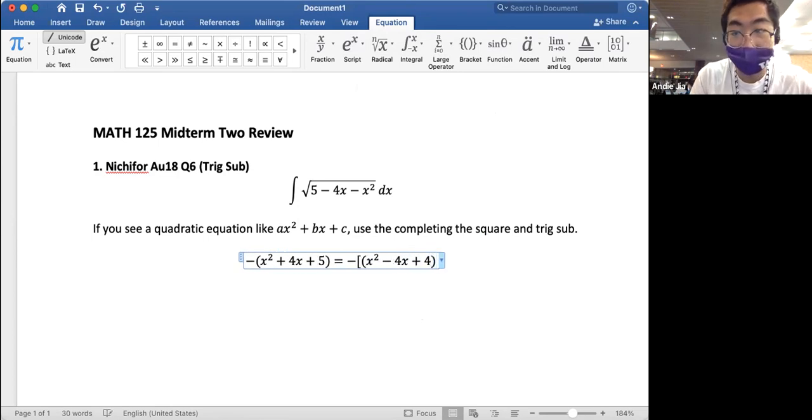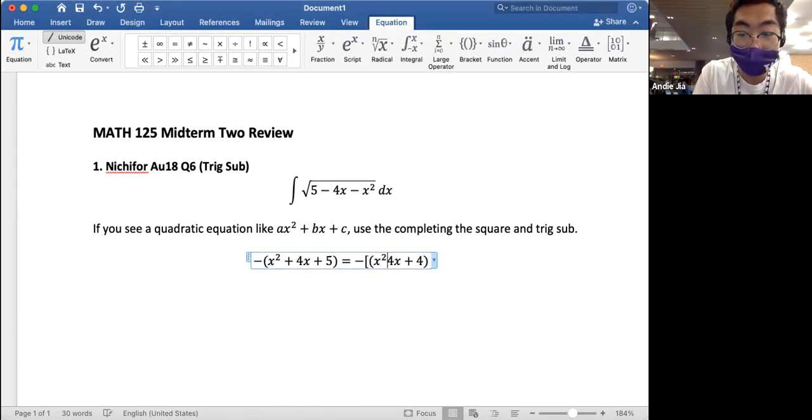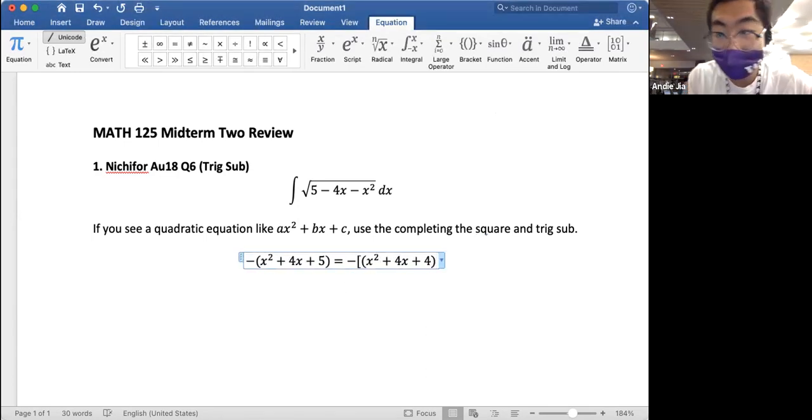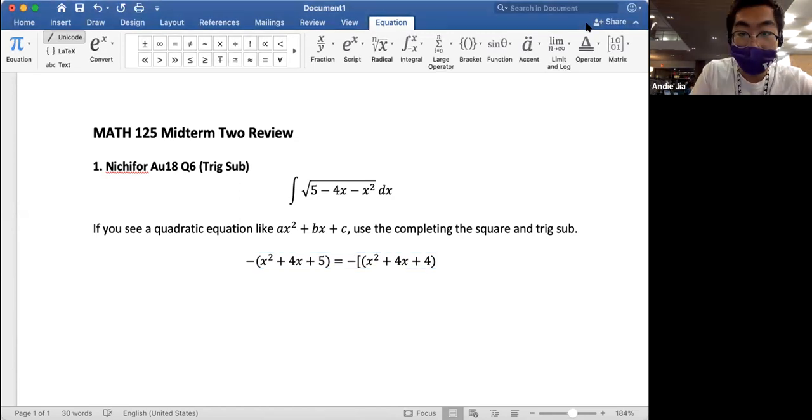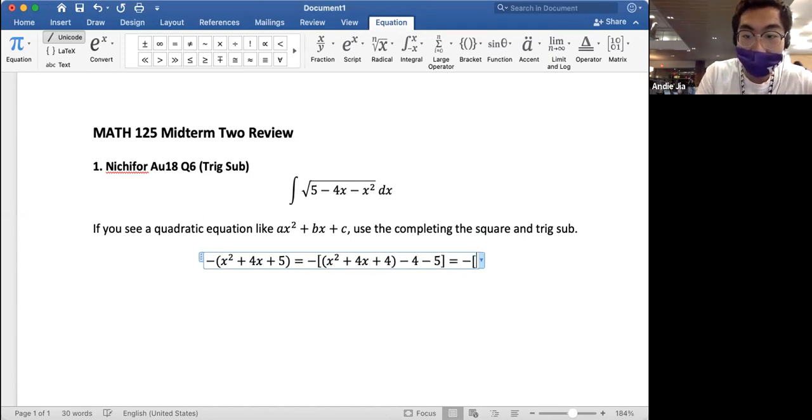Wait, this is add. We have negative 4, negative 5. And then what we have is the negative (x plus 2) squared minus 9.